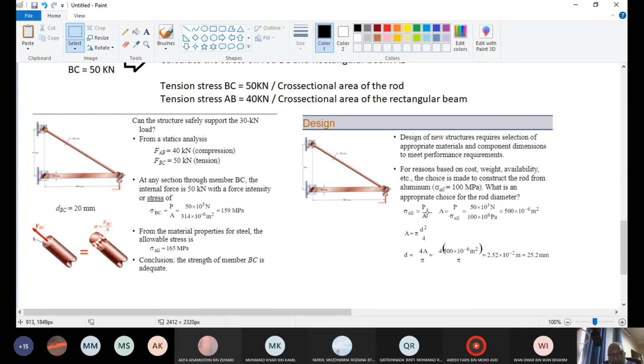You can fix the force, you can fix the stress, which is 100, you can solve for the area. When you solve for the area, you got the diameter. Now the diameter become 25.2 millimeter instead of 20 millimeter. So you can see the area is become higher, the stress become lower, which allow you to use aluminium, which is only 100 megapascal in terms of its strength.